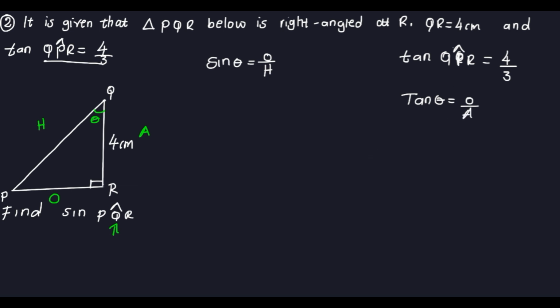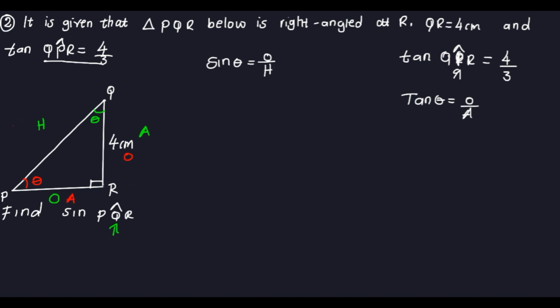Then from the given tan here, we can see that the letter under consideration is P. So for tan, we are given P. So this is where our angle P is. If this is where our angle P is, the 4 centimeters is our opposite. Then here we have adjacent, then hypotenuse.